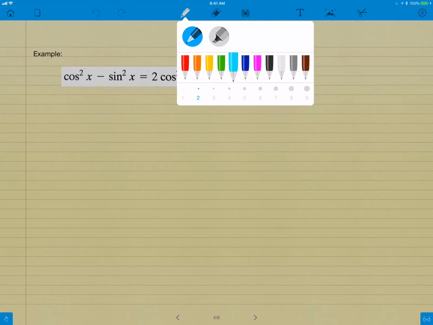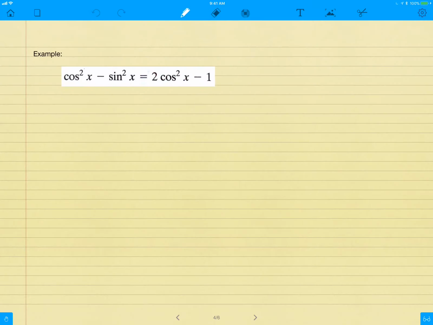Okay. Now on this problem, the left side here, they have a sine over here. When you look at the right side, there is no sine whatsoever. So that's kind of a huge flag to me that I probably need to substitute the sine squared out.